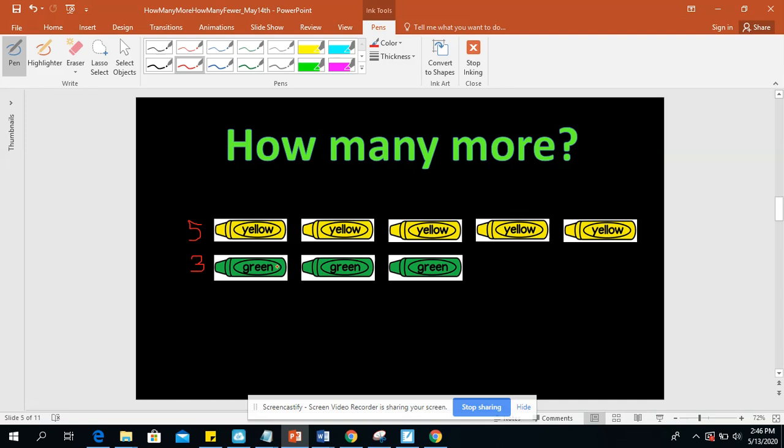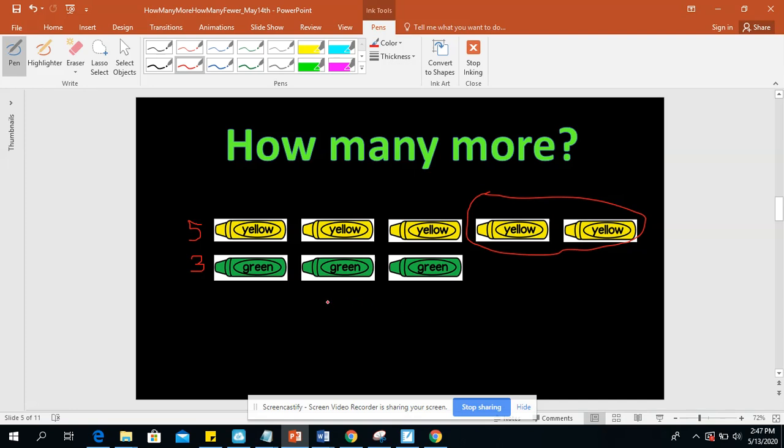How many more yellow than green? Well, if you look at the picture, you can see that there are 2 more yellow crayons than there are green crayons. So the answer to how many more crayons is 2. There are 2 extra yellow crayons.